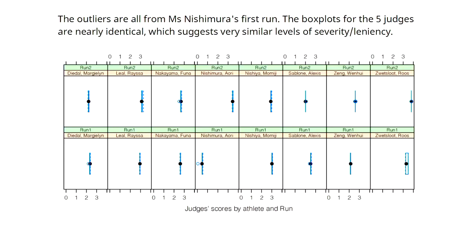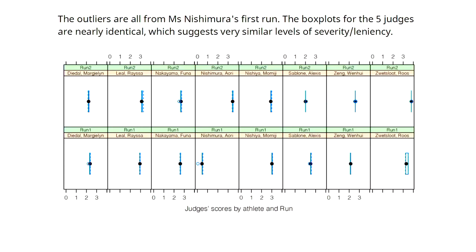You've got a box plot for each competitor, and the box plot shows the 5 scores that they got from the judges. And then the top row is the scores for the second run. So you can look at that and it'll give you an idea of who performed better in the second run rather than the first run.